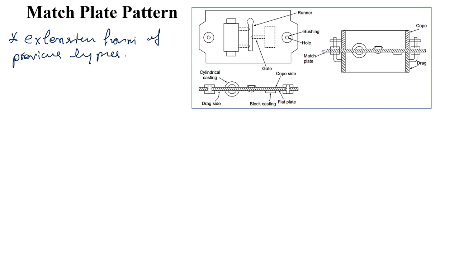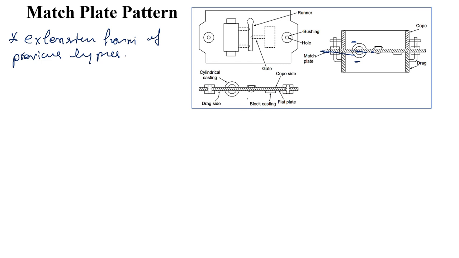So this is the matching plate, and this is the cope part, and this is the drag part, put on either side of this matching plate, which can be made of metal or wood plates. On one side of the match plate the cope flask is prepared, and on the other side the drag flask is formed.